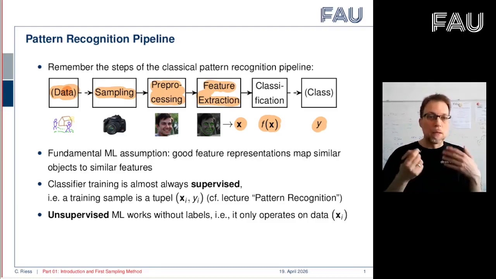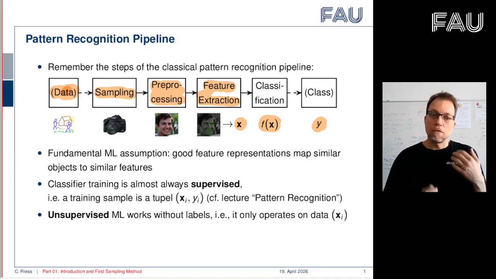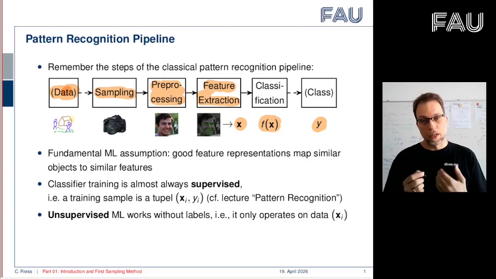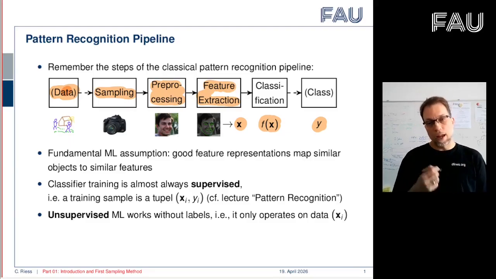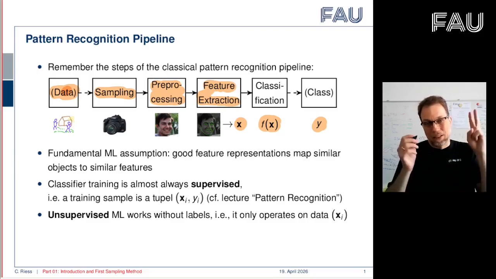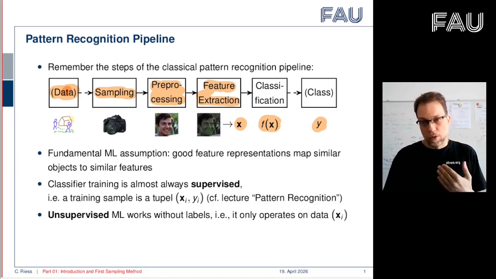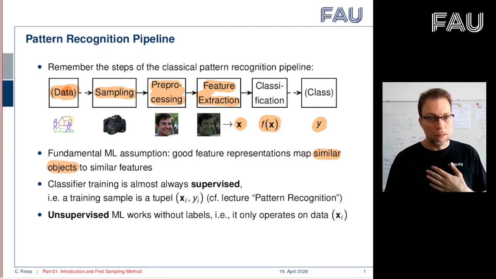And you're also familiar from the pattern recognition class or some other class with this fundamental assumption in machine learning: if you have a feature representation that makes sense, so that is good in a way, then similar objects, whatever goal you want to achieve, are mapped to similar feature representations, so to similar locations in space.